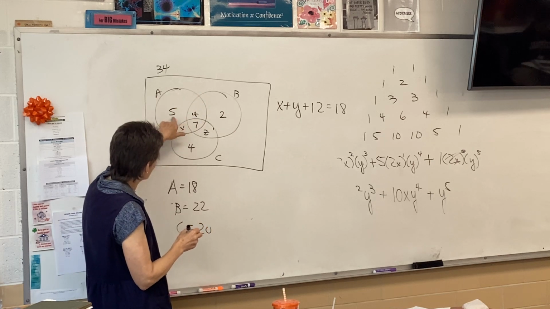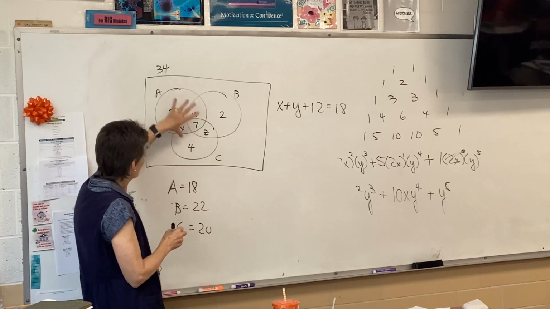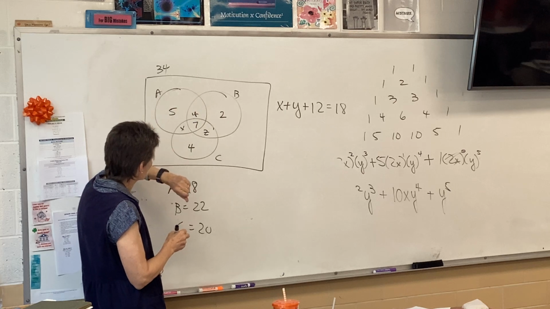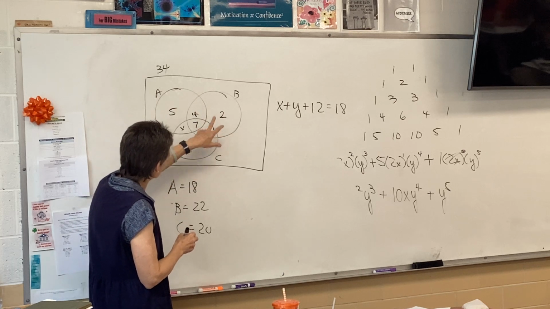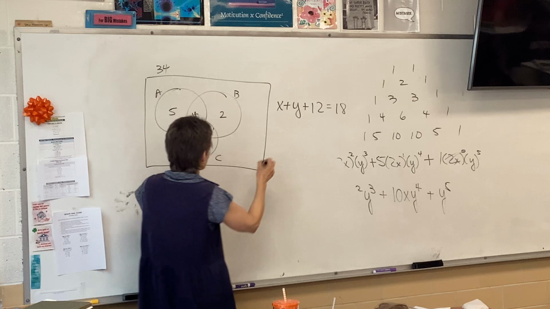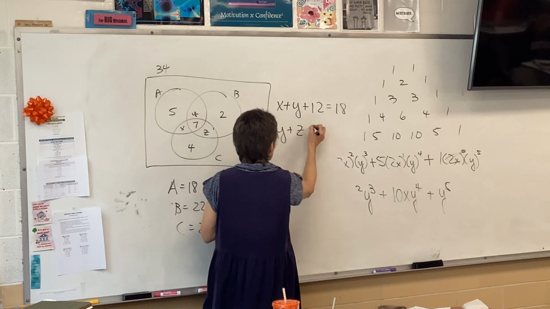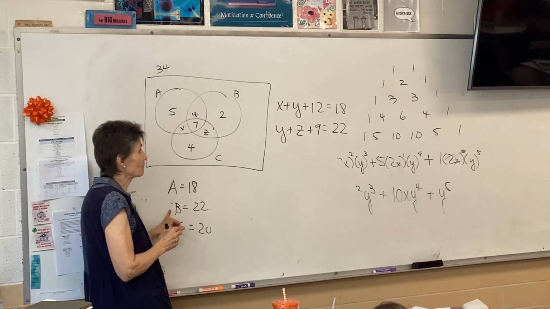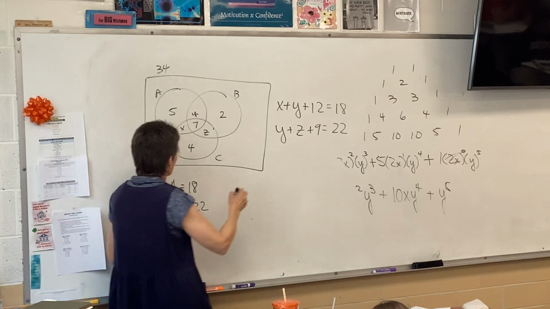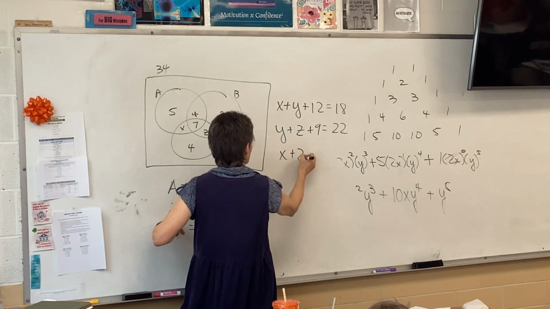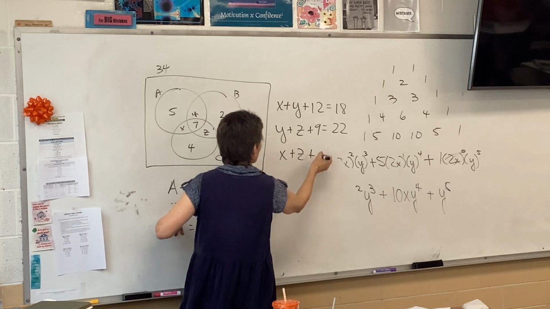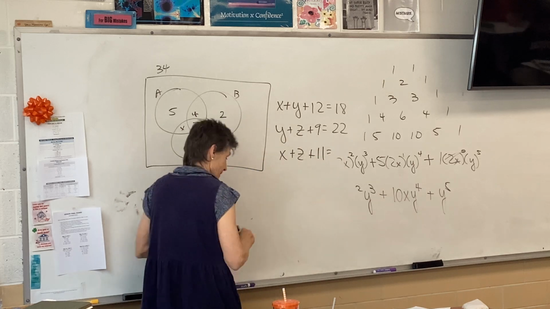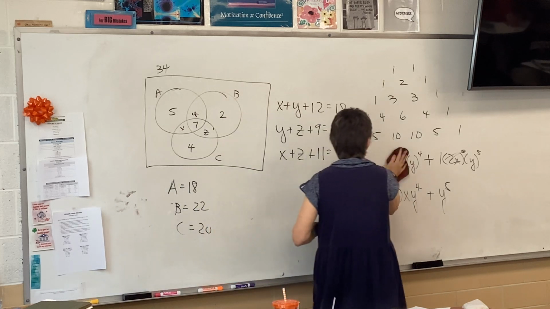So 12 of them are already counted, and then X and Y. And then I have here my B's, so Y, Z, and 9 have to add up to the B's, which is 22. And X and Z and 11 have to add up to 20.